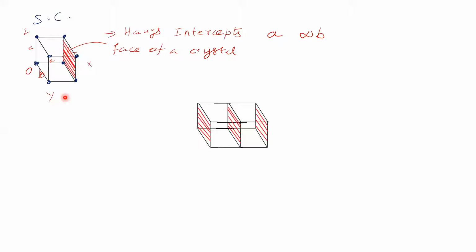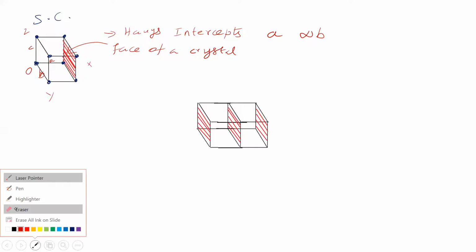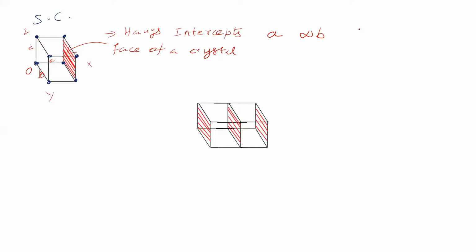Then we will see the Z direction. In the Z direction, you see this face is parallel to Z. Therefore, in the Z axis, the intercept is infinity C. Now, Weiss indices: take the coefficients of A, B, C. For A the coefficient is 1, for B it is infinity, for C it is infinity.